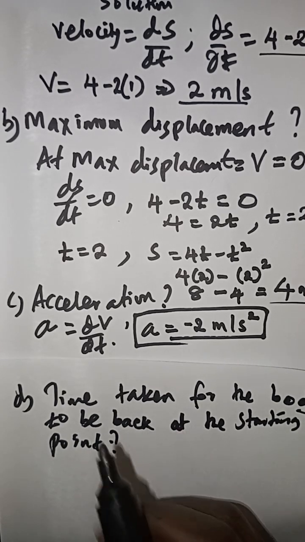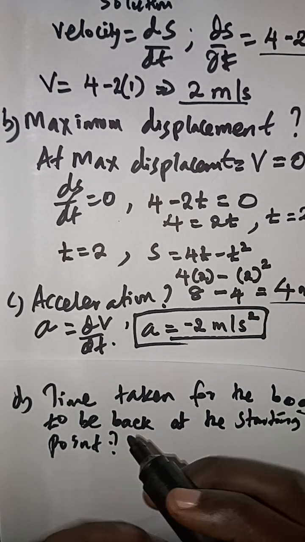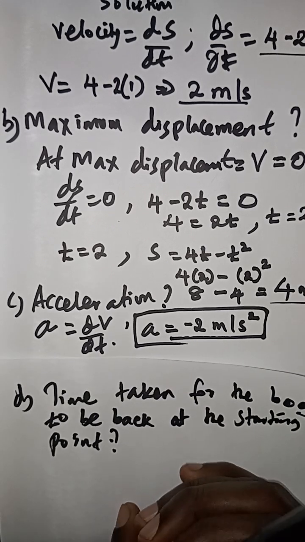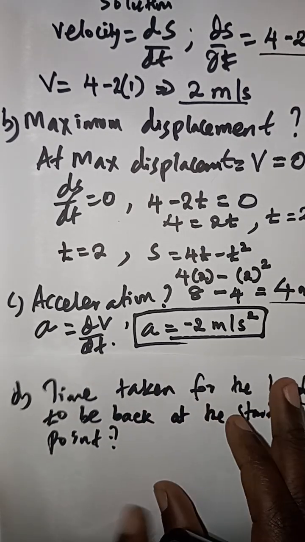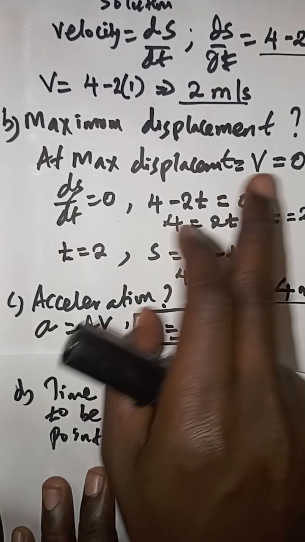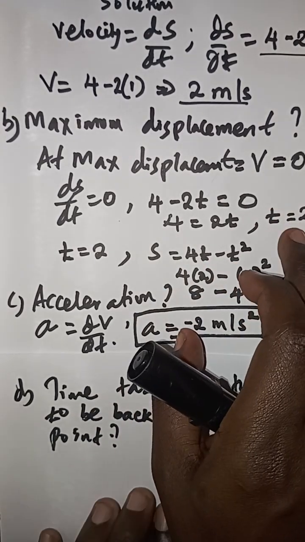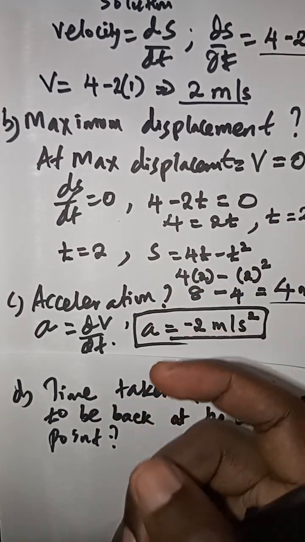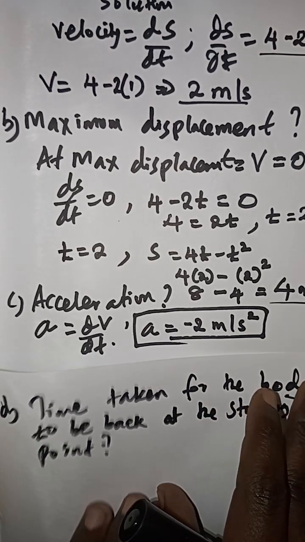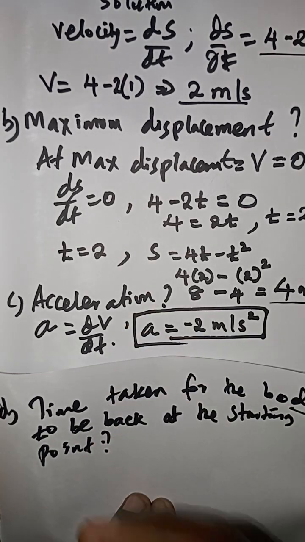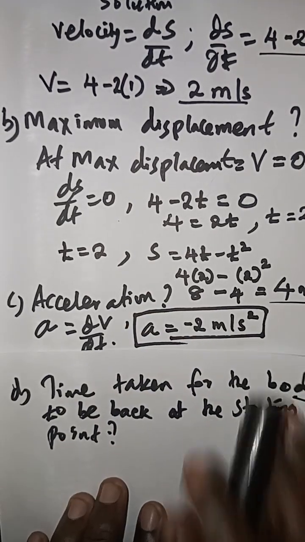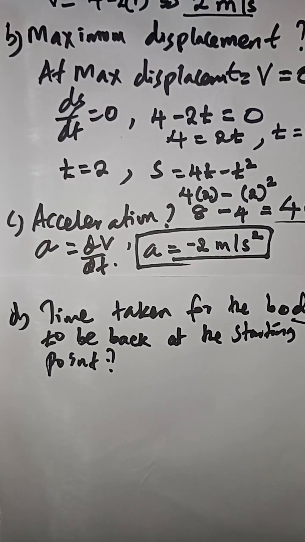So this particle is moving in an oscillating manner, such that it reaches some maximum point, and then we are told that this particle will be back again at the starting point. So how do we tackle this?